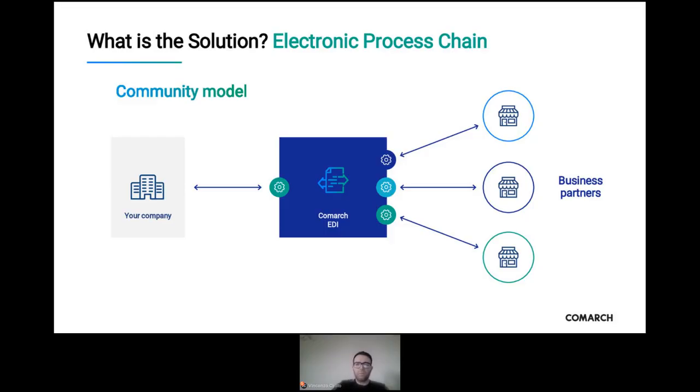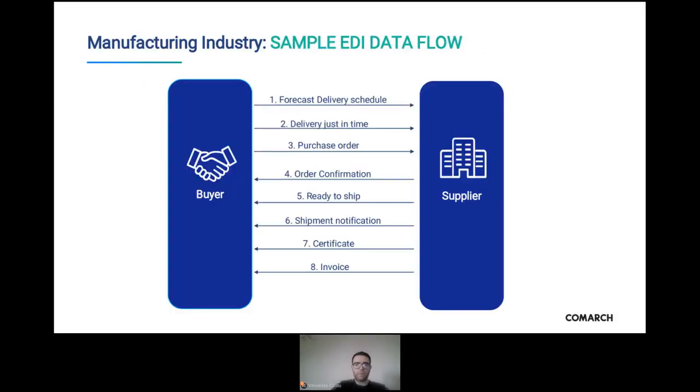EDI will also help you prevent global supply chain disruptions that are affecting your company operations, and lets you focus on your important business. Let me also show you some examples of EDI data flow.